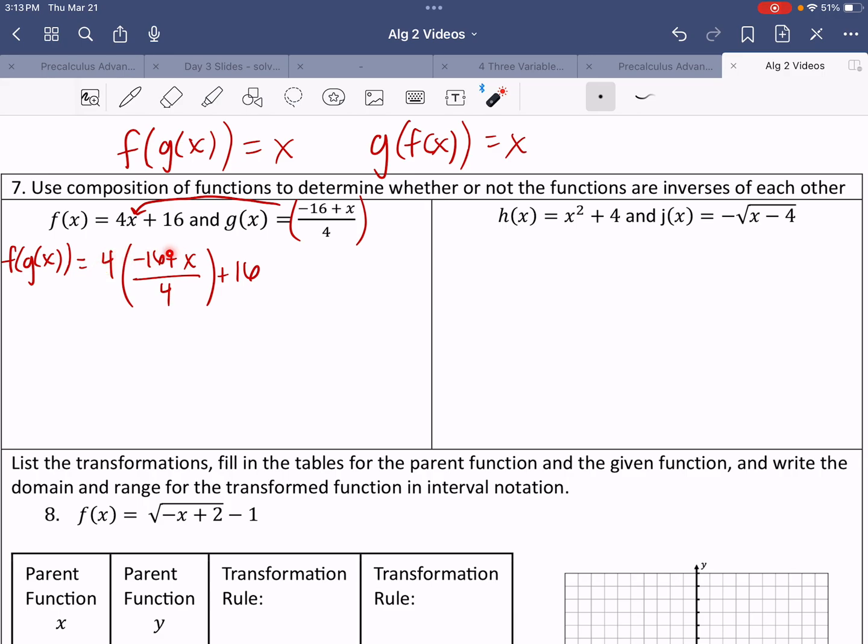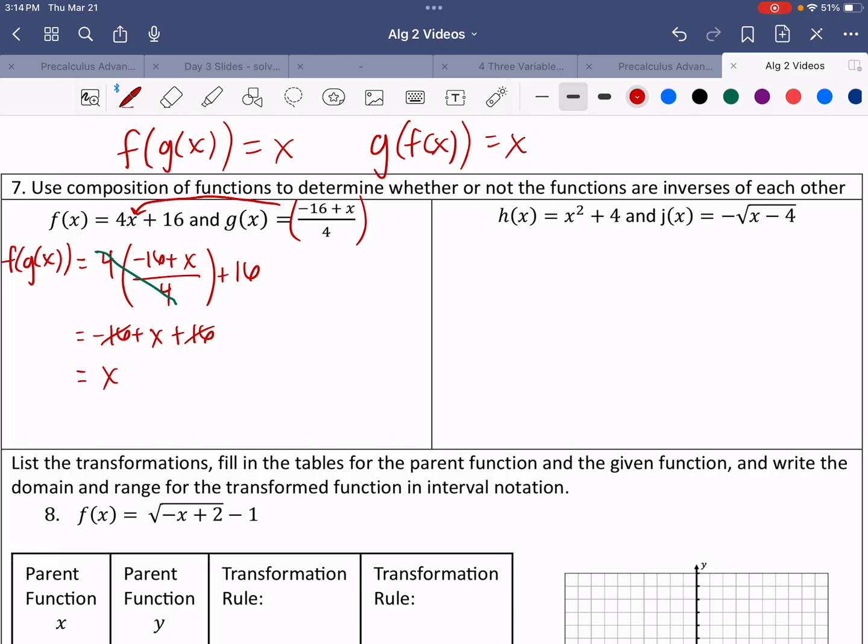Some of you distributed and then didn't divide correctly. What would be easier is to just say times 4 divided by 4 cancels. So I'm left with negative 16 plus x plus 16. And the 16s cancel. And I get x.